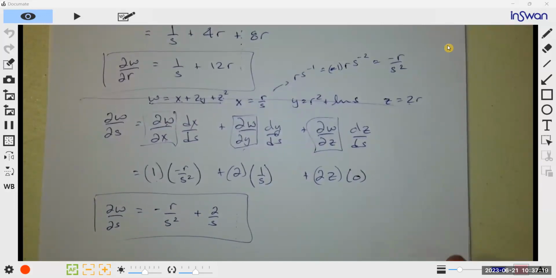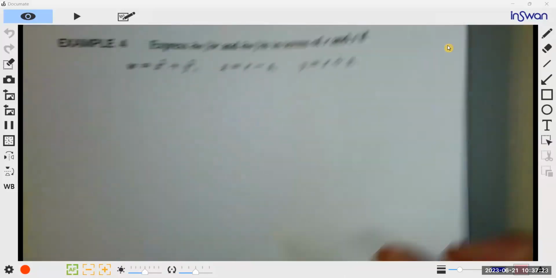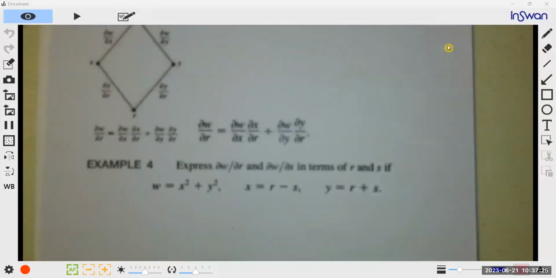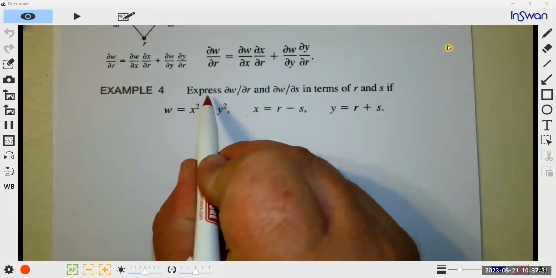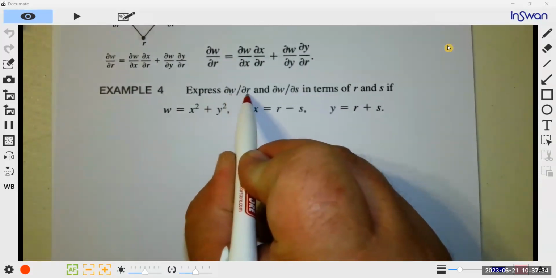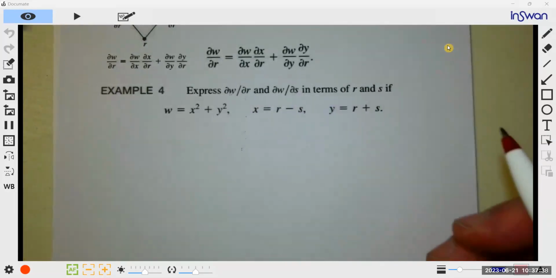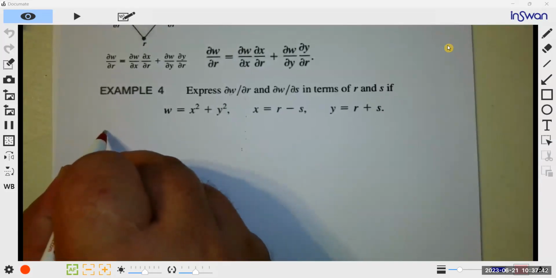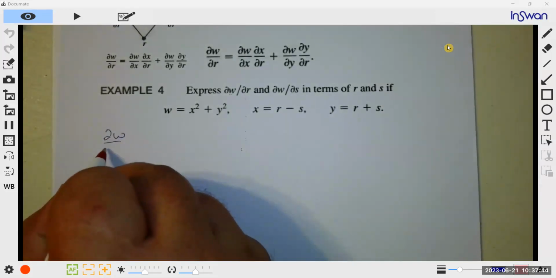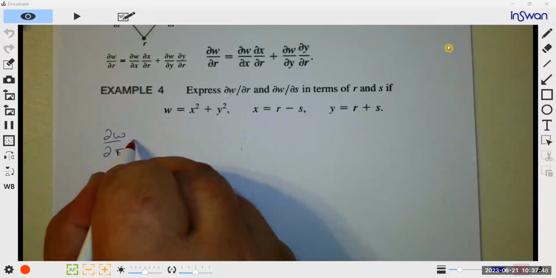Let's look at another example here. There's the diagram. Express partial w over partial r and partial w over partial s in terms of r and s.